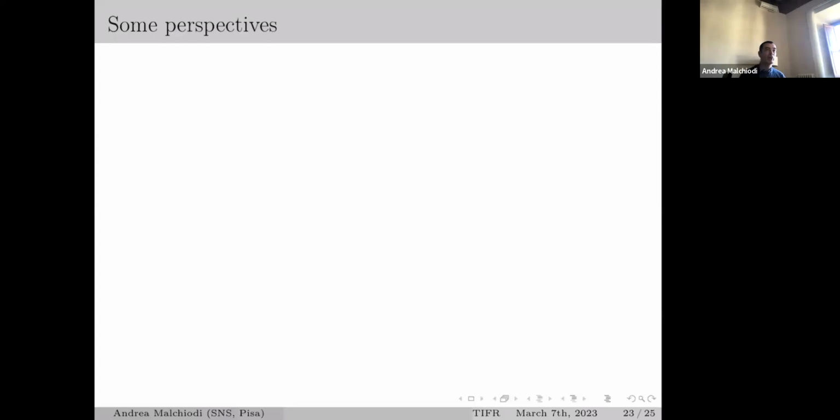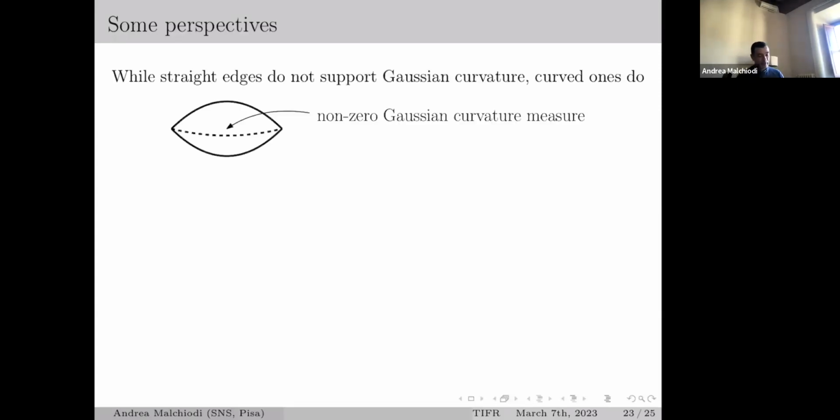Okay, so let me now conclude with some perspectives. Okay, I said that when you consider regular polytopes, for example, a cube, in this case, locally, this is an isometry to a sector of a plane. And therefore, if you have a straight edge, the edges do not carry any Gaussian curvature. But that is not the case when you have a curved wedge.